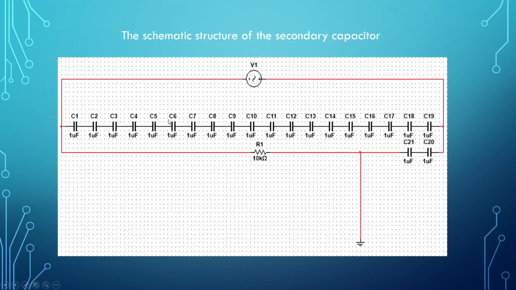All the capacitors are connected in series and parallel to the voltage, and the resistor, which is 10 kilo ohm, and the grounding is here.